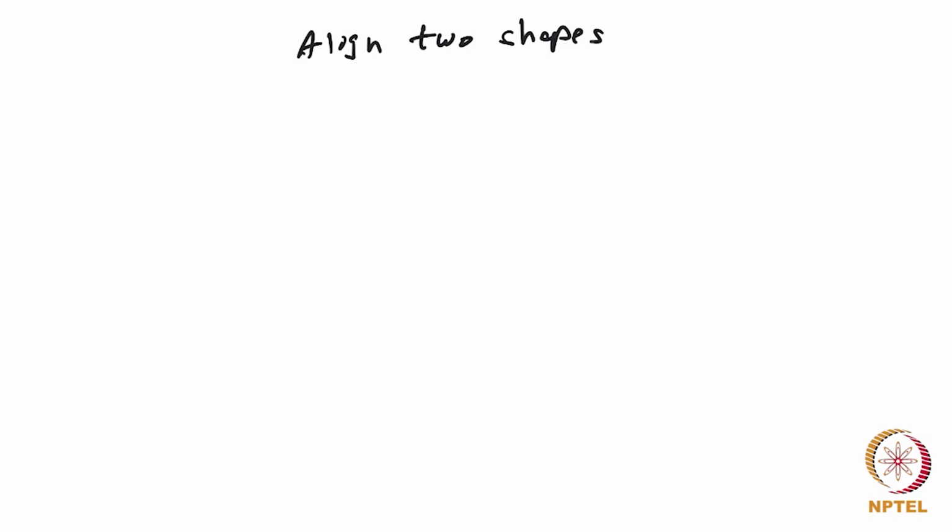So the idea is we have two shapes which are centered at the origin. That much is certain. And we wish to scale one of the shapes, let's say x1, by s, and then also rotate it by angle theta so as to minimize the loss function. So let's just write this down.